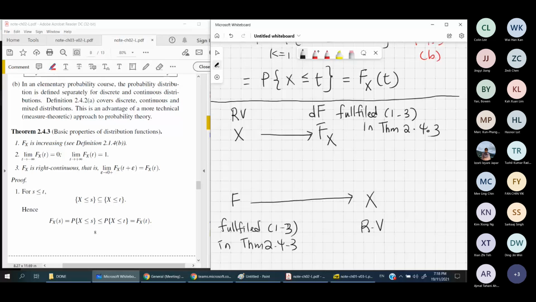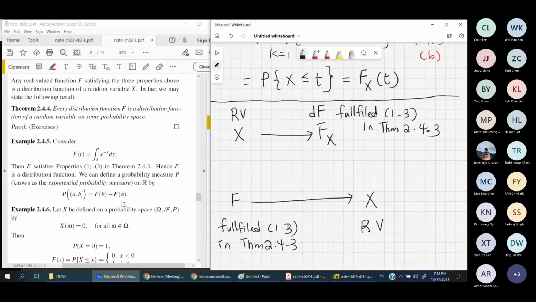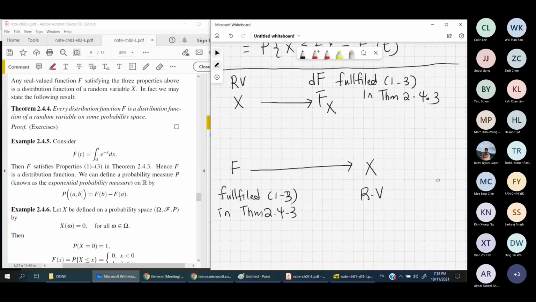So there is a relationship between these two concepts. A random variable is always related nicely to the so-called distribution function. However, just to let you know this idea, we are not going to go through the proof. So we leave it.